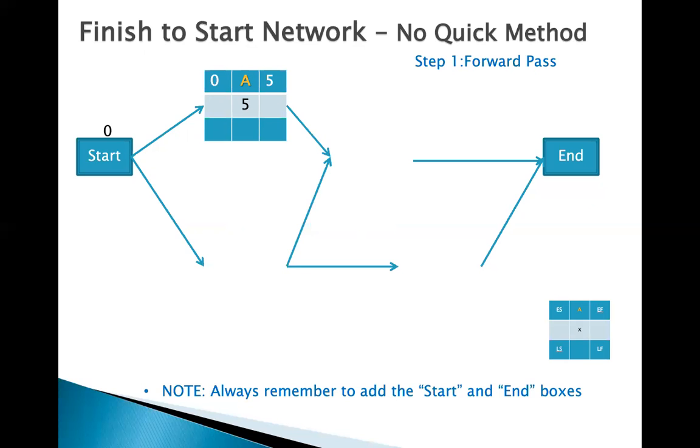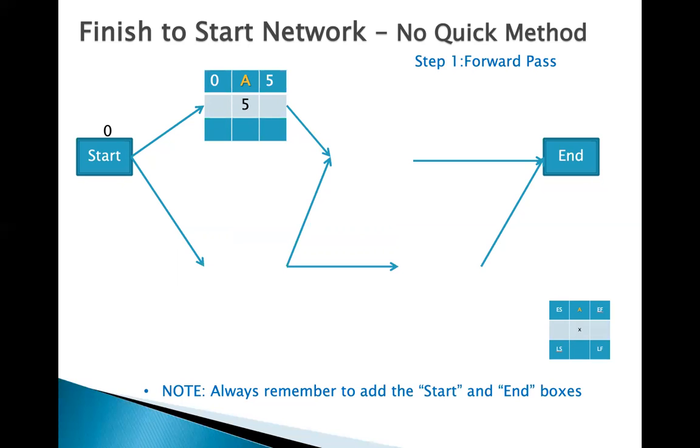The earliest start is 0. Why? Because A and C can start right away. The duration of activity A is 5. So the early finish of activity A is 0 plus 5. We are executing the forward pass, which is step number 1.